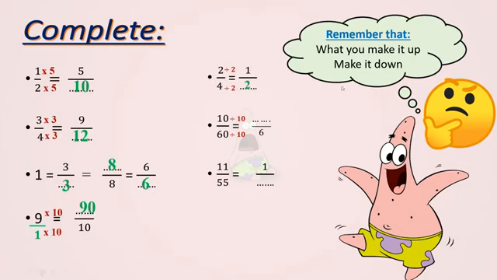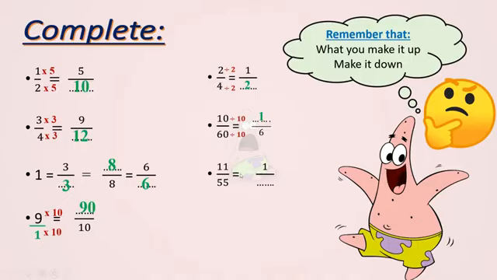So since I divided the denominator by 10, I will divide also the numerator by 10. 10 divided by 10 equals 1. That means 10 over 60 is equivalent to 1/6, right?